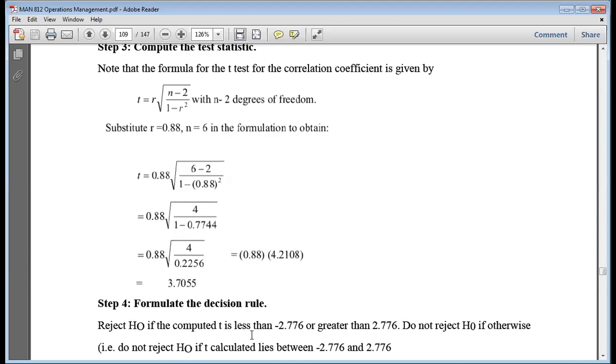When T is less than, that is when it is minus this value, or greater than this value. In case you solve and get a negative, that is why I want to explain. Because if it's negative, it may be less than. But when it's positive, it is greater than here. Or do not reject if otherwise. Otherwise meaning the calculated value lies between this and this.